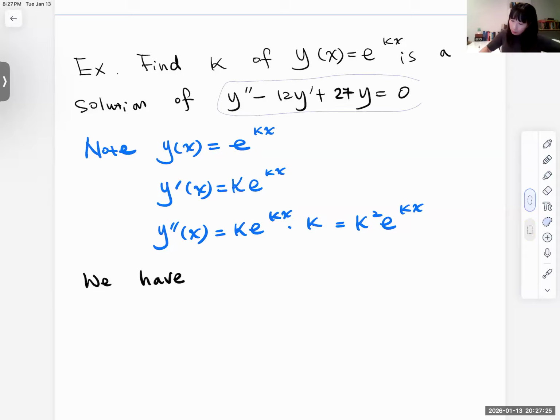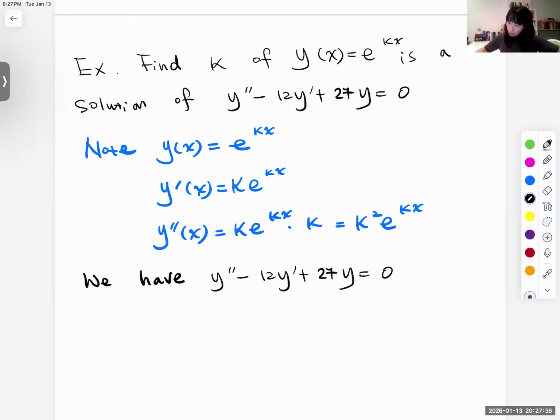let me copy. Okay, so we substitute everything there. So y second prime first: there will be k squared e to the kx minus 12 y prime, which is k e to the kx, and plus 27y, which is e to the kx.